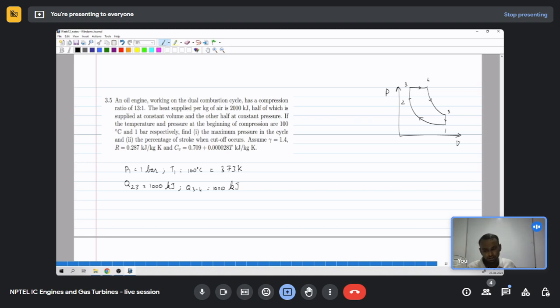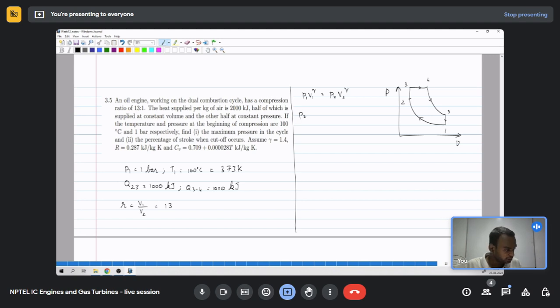So the compression ratio is 13, that means R is equal to V1 by V2 and this is 13. Now we have P1 V1 power gamma is equal to P2 V2 power gamma.